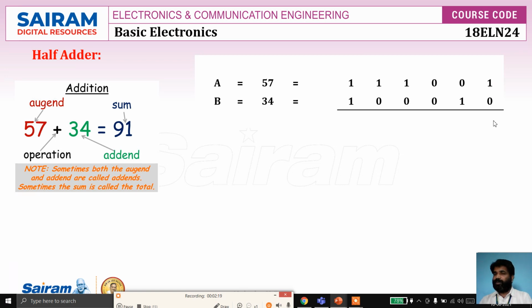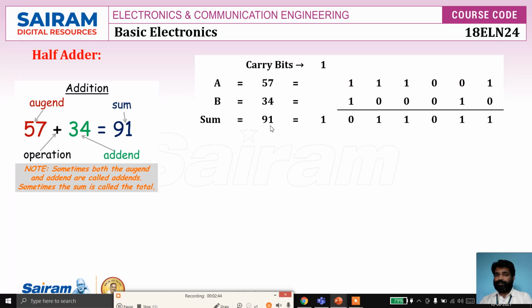So 0 plus 1 is 1, 0 plus 1 is 1, 0 plus 0 is 0, 1 plus 0 is 1, 1 plus 0 is 1, 1 plus 1 is 0 with carry 1. This carry bit will be considered as the most significant bit of the result. If you convert this into decimal, that is 91.